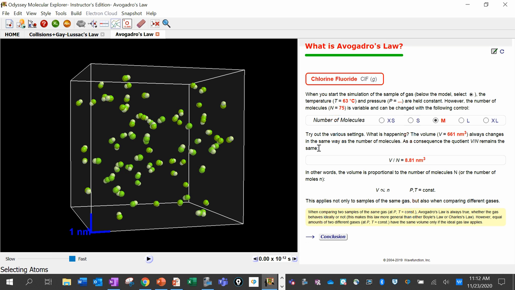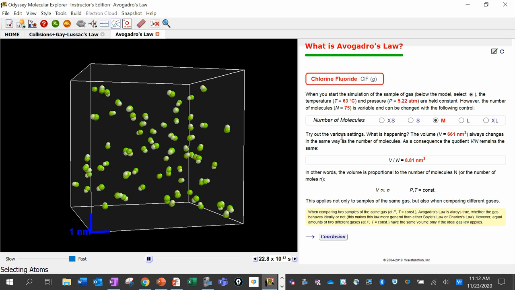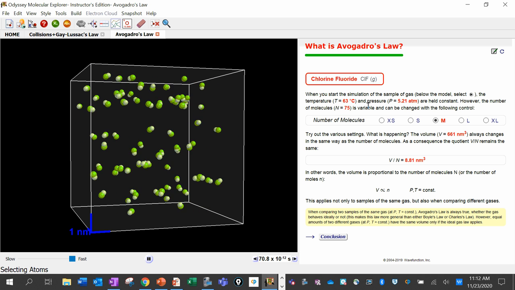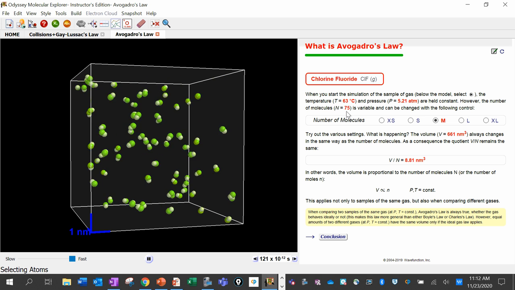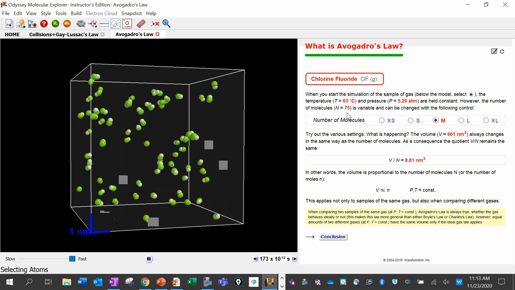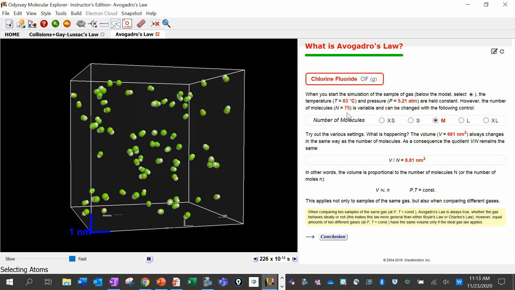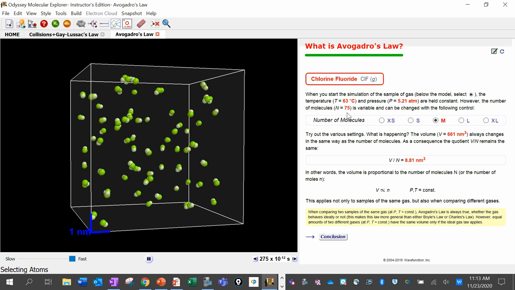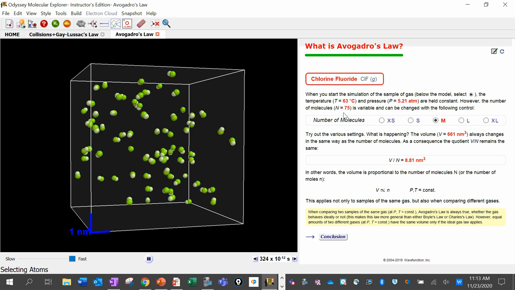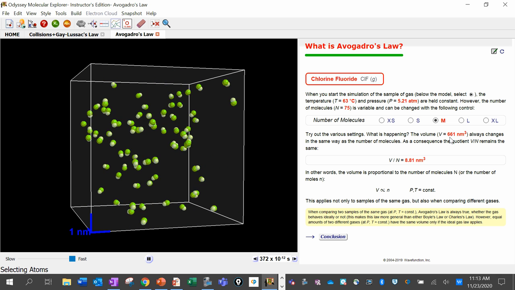Let's pop this up. And so what Avogadro's Law tells us is the relationship between particles and volume. So we're going to write down some data sets. In this example, we've got 75 molecules, and the volume is, where's our volume? Oh, here it is. So 75 particles, the volume is 661.